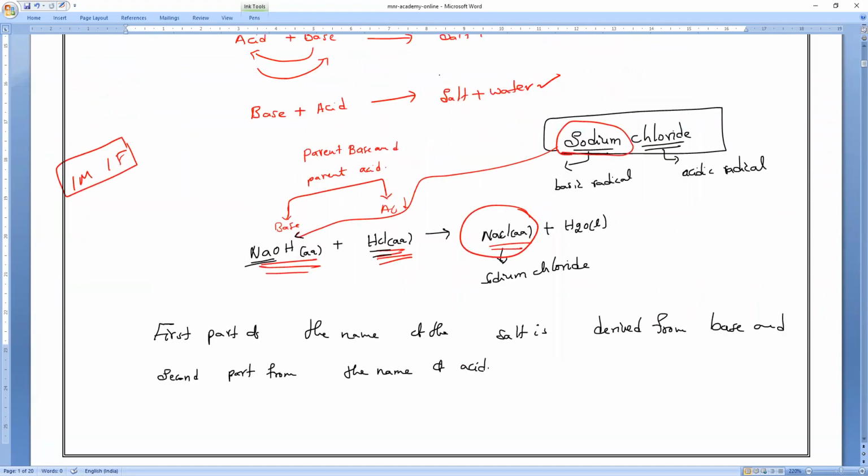Now, for every salt, it's your responsibility. If you see in our textbook also, they will never give you anything. Simply they will put a heading called family of salts. You will see nothing is given in the book.